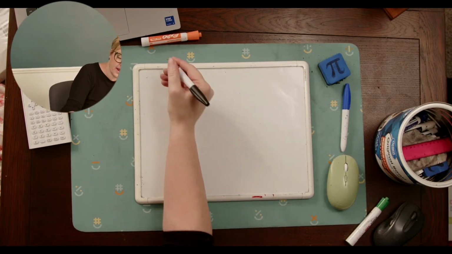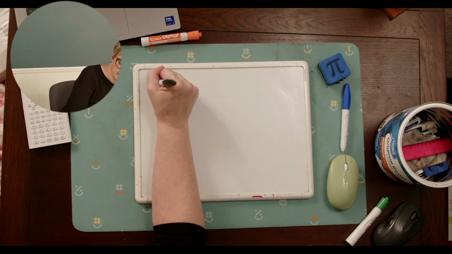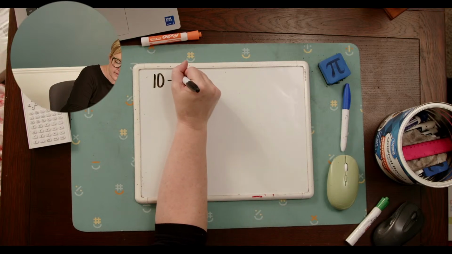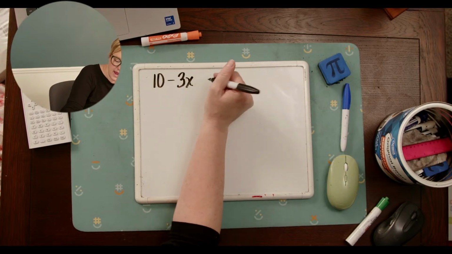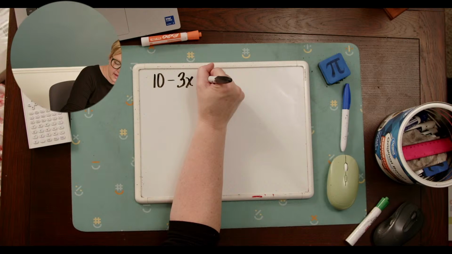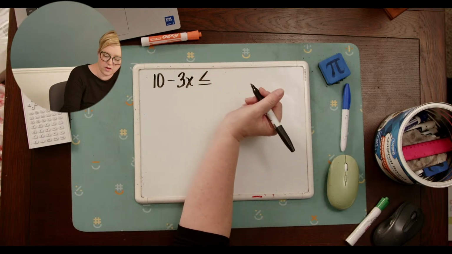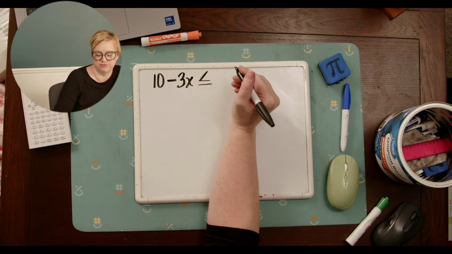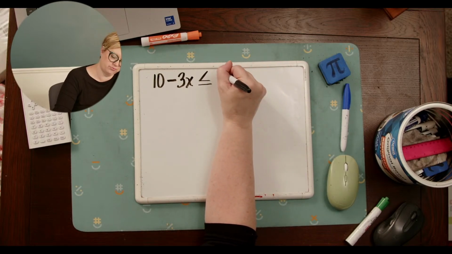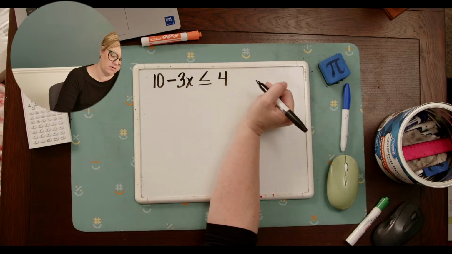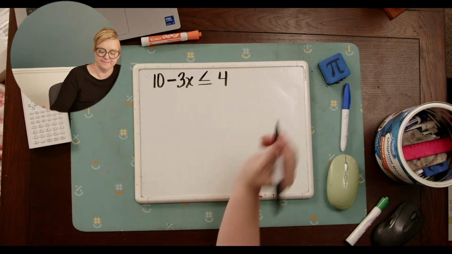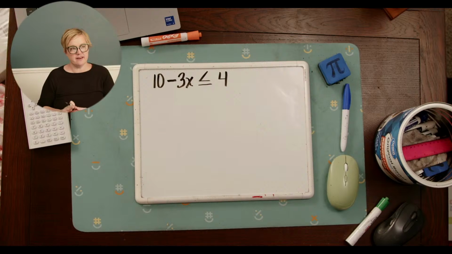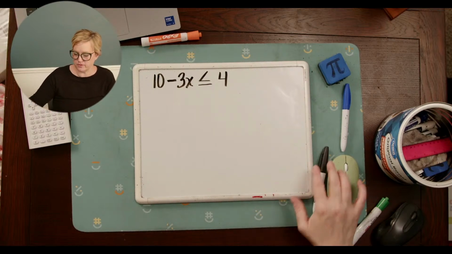Okay, so now let's do 10 minus 3x is less than or equal to 4.